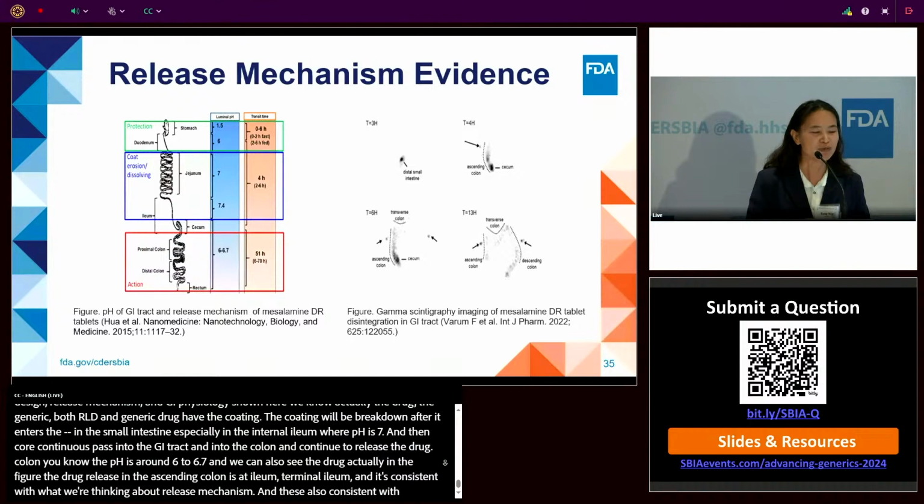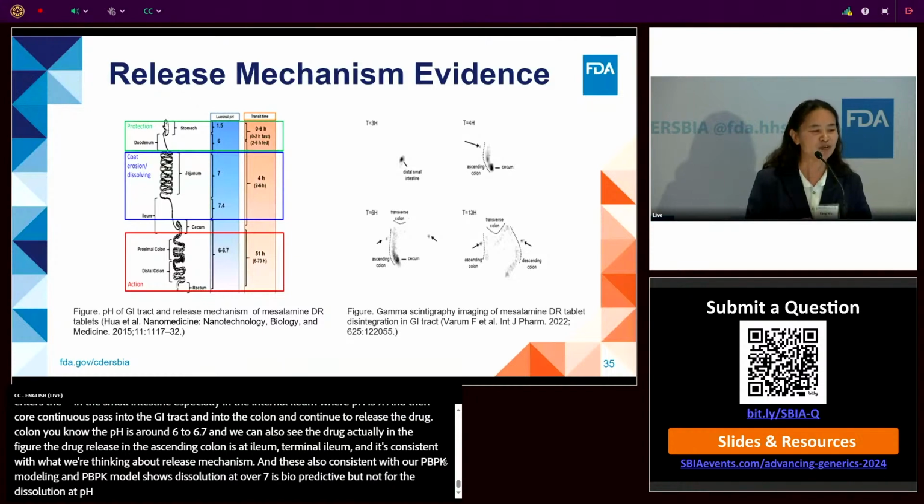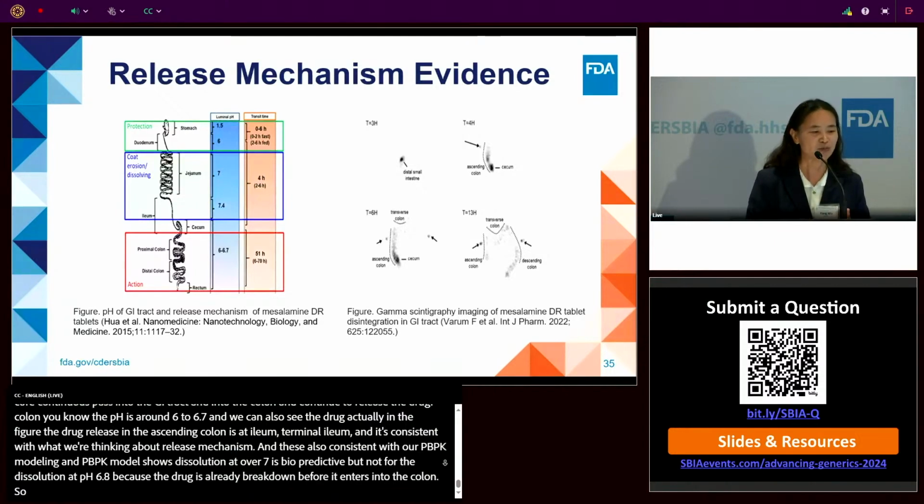The PBPK modeling shows that the dissolution at pH over 7 is biopredictive, but not the dissolution at pH 6.8, because the drug has already broken down before it enters the colon. So pH 7 is more biopredictive, as demonstrated by PBPK modeling and also the release mechanism.